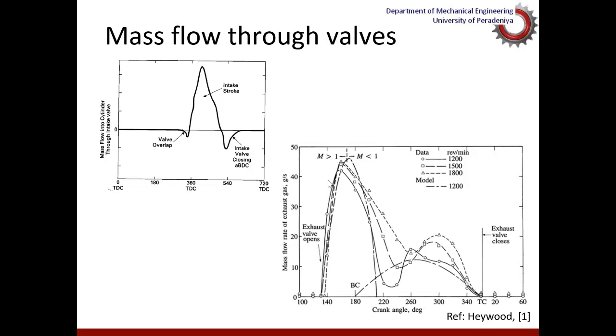Thus, the Mach number is greater than 1 and the flow is sonic. You can see these are experimental data. We can see the mass flow rate does not depend significantly on the speed of the engine. But after some time, the pressure drops and the Mach number becomes less than 1, so that normal flow is expected, where you can see it is highly dependent on the speed of operation of the engine.